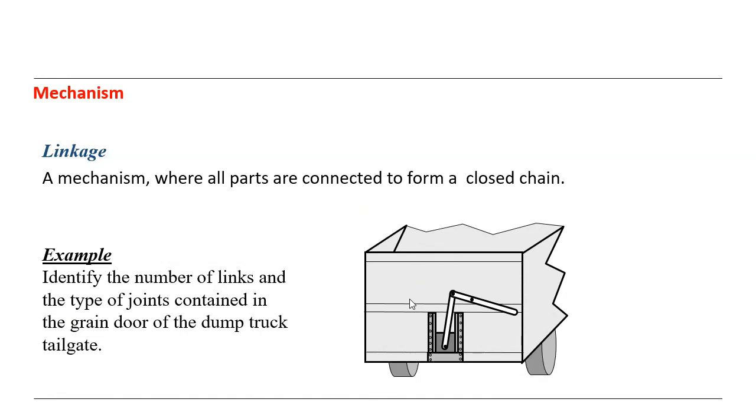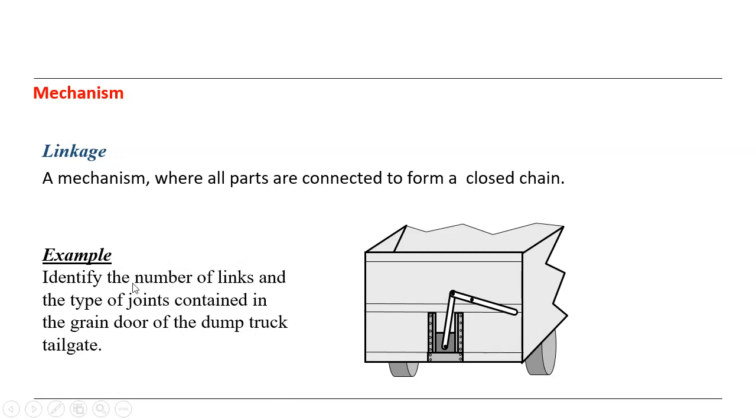Then we are able to describe what is going on in these lessons and what we are going to learn exactly. So you see here the mechanism, where all parts are connected to form a closed chain. So this is the linkage.